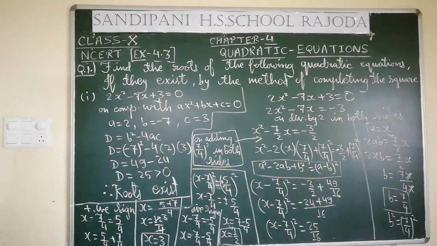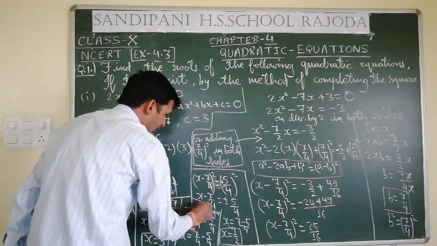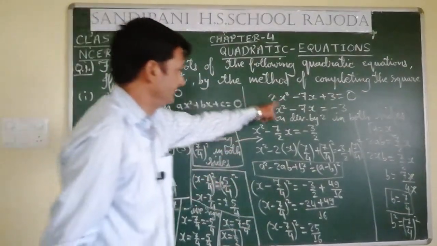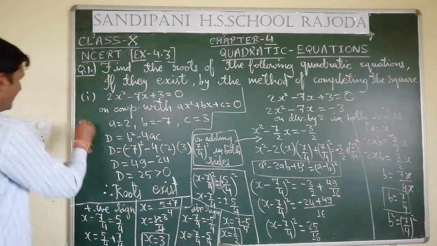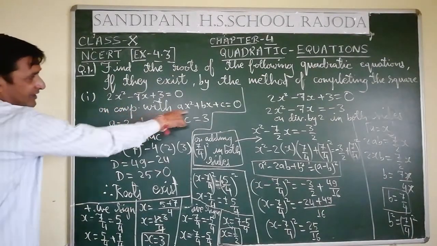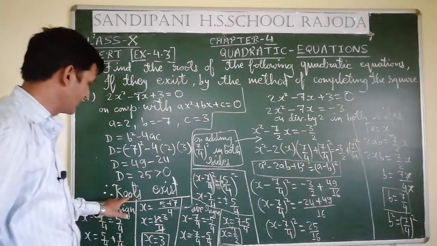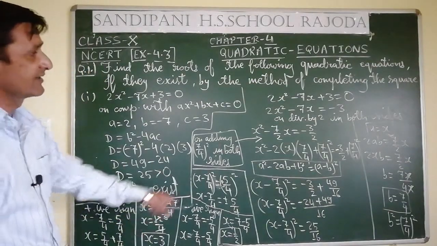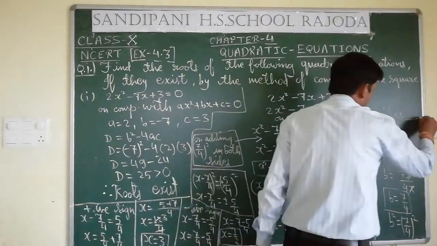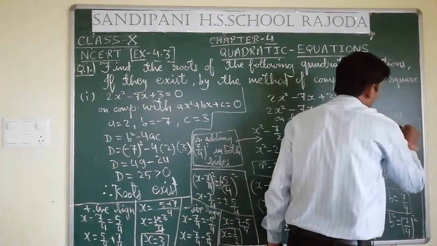So this is the part which we have to write afterwards, after solving this. This is for root checking, on comparing with ax² + bx + c = 0. If roots exist, we have to apply the completing the square part, and this is the portion known as rough part, you can say.